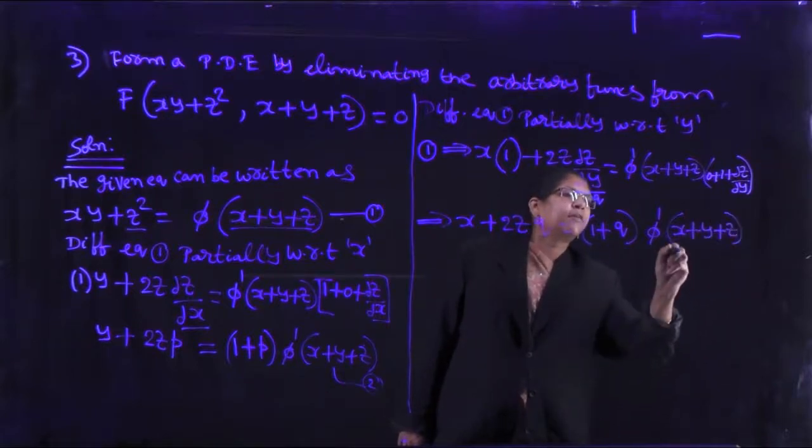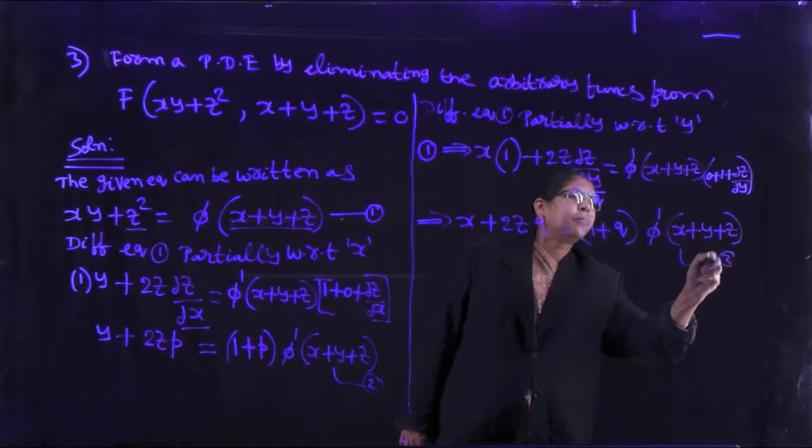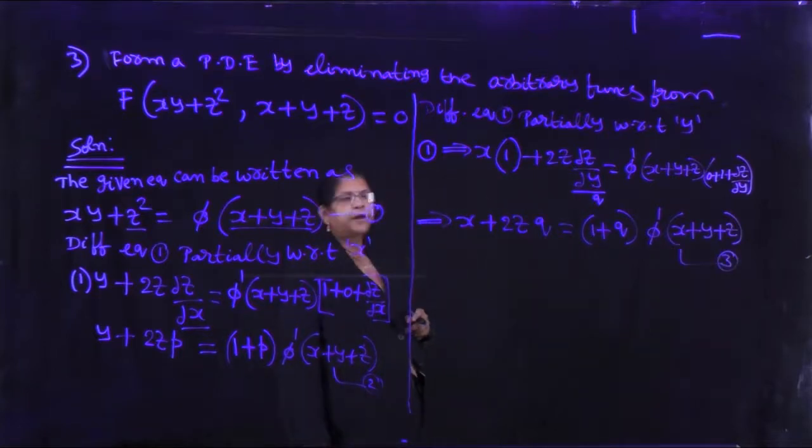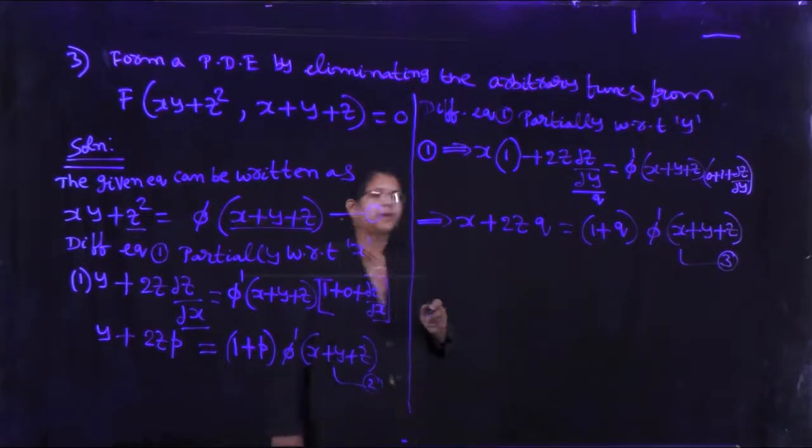Take this as equation number 3. Now we have to eliminate the function φ from equations 2 and 3. To eliminate the function from equations 2 and 3, we will divide 2 by 3.